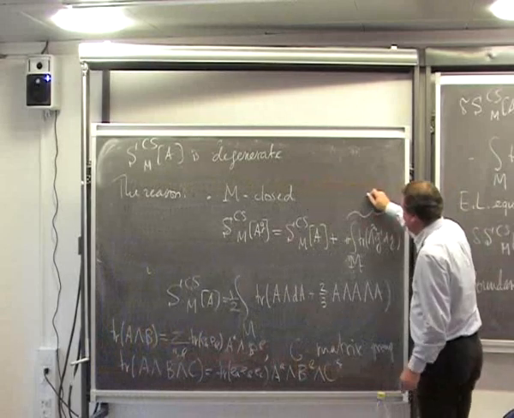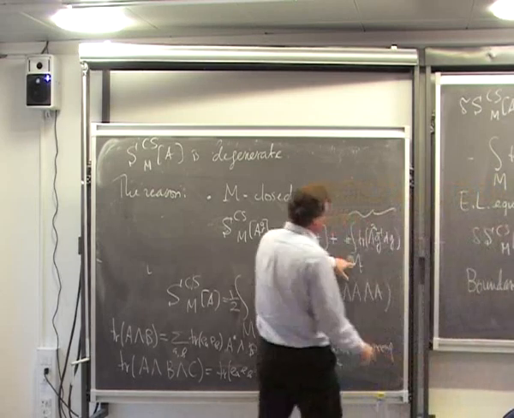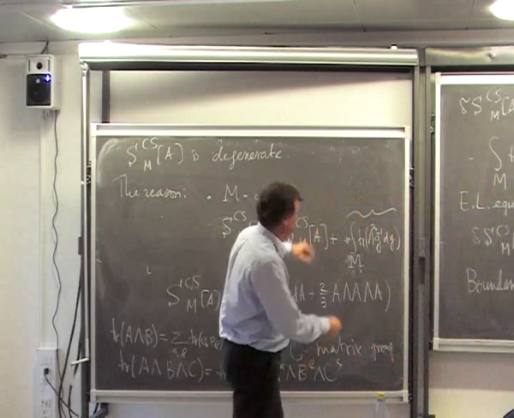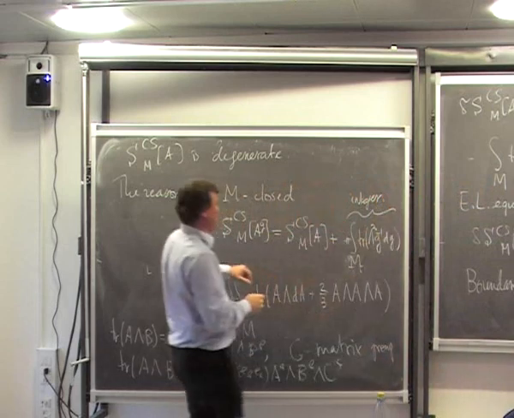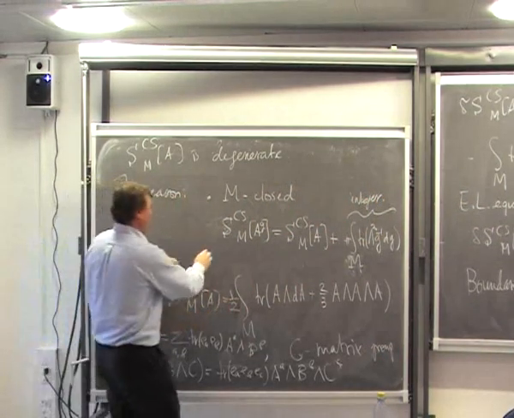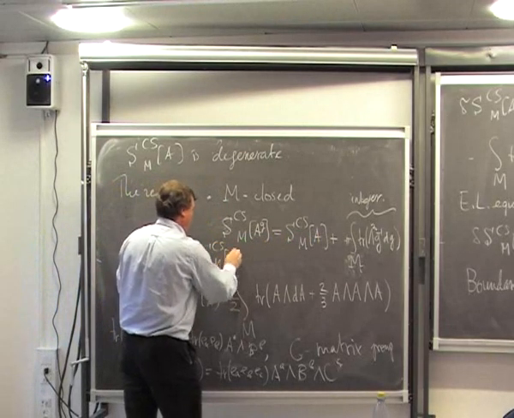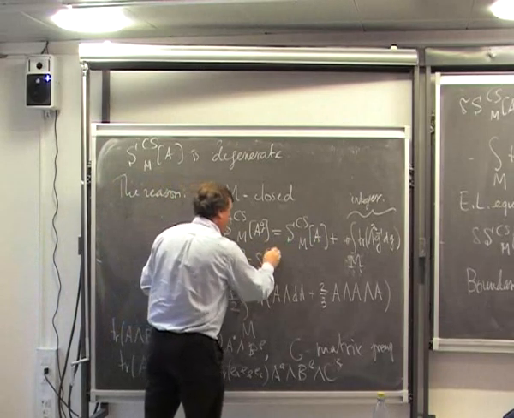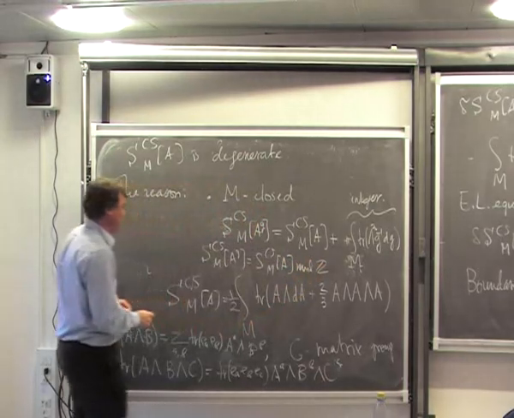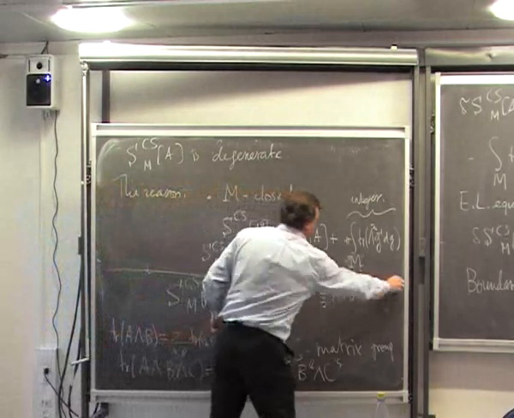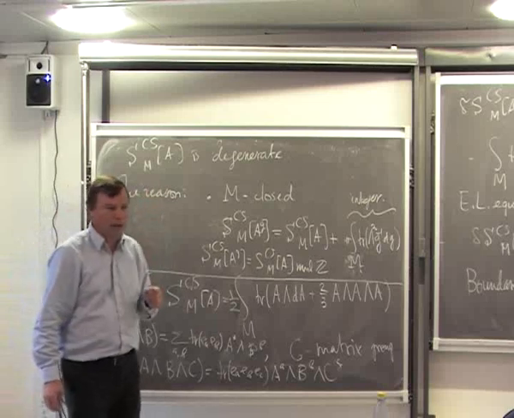And this is a topological invariant, so it's just the degree of the map. Well, this is an integer number, so the transformed action is equal to S Chern-Simons of A mod Z. So strictly speaking, not the action itself is invariant, but the exponent of the action is invariant.